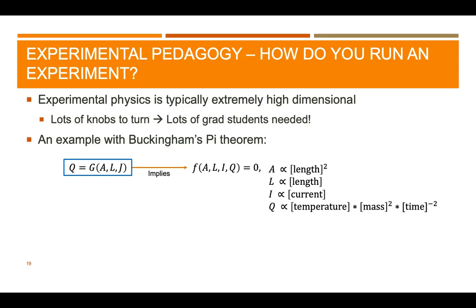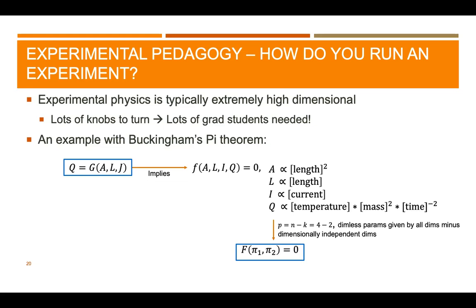You'll see that only one of them is dimensionally independent from the others, it's a unit vector. So you have to break the other ones down into unit vectors, and a very simple examination of the null space of your dimensional matrix says P equals n minus k, 4 minus 2. You have two dimensionless parameters. Did I think that right? Yes, I did, because Q is also dimensional.